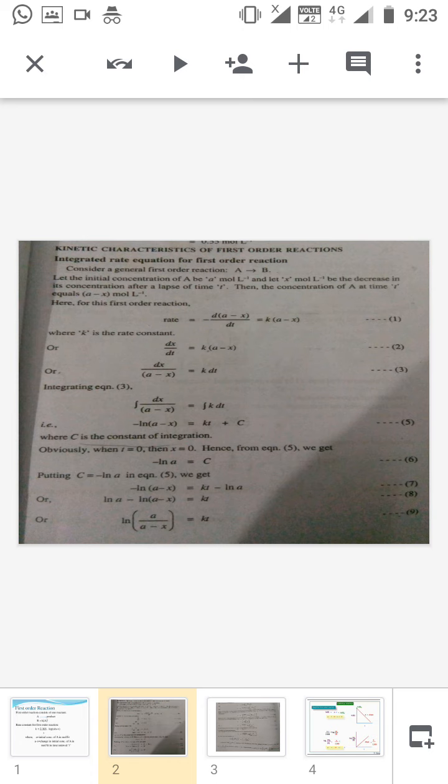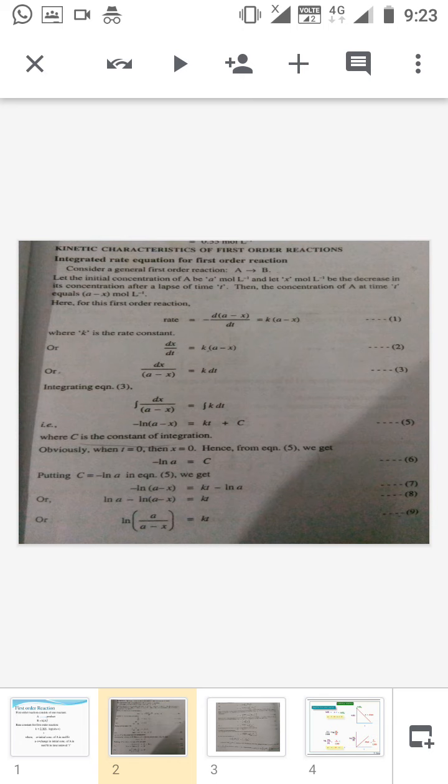So substitute the value of the c in equation number 5, the equation becomes minus ln A minus X is equal to kt minus ln A. If you are rearranging the equation, moving the term minus ln A to the left hand side, the equation becomes ln A minus ln A minus X, that's equal to kt.